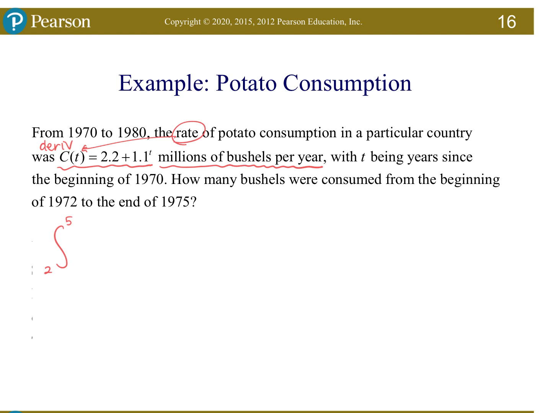And the question goes, consumed from the beginning of 72 to the end of 75. So what is the end of 75 really the same as? It's the beginning of 1976. Okay, so we would want to maybe change that.